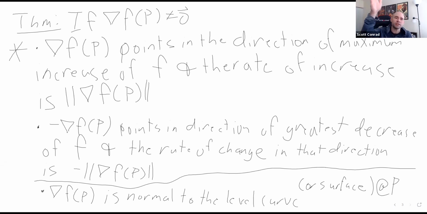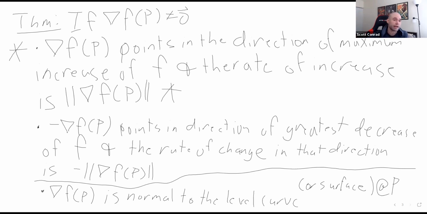Which direction do we want to go in so our function is going to be increasing the fastest? Well, the gradient at the point points in the direction of greatest increase. And moreover, the rate of increase, in other words, the directional derivative in the direction of the gradient, is the magnitude of the gradient. That is important.